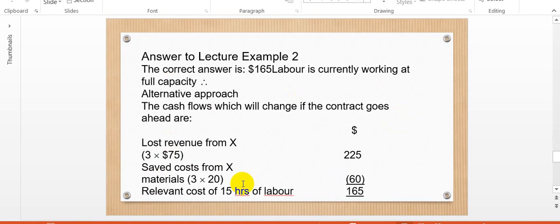So 3 times 20 will give us 60. So 225 minus 60 will give us the relevant cost for 15 hours, 165.